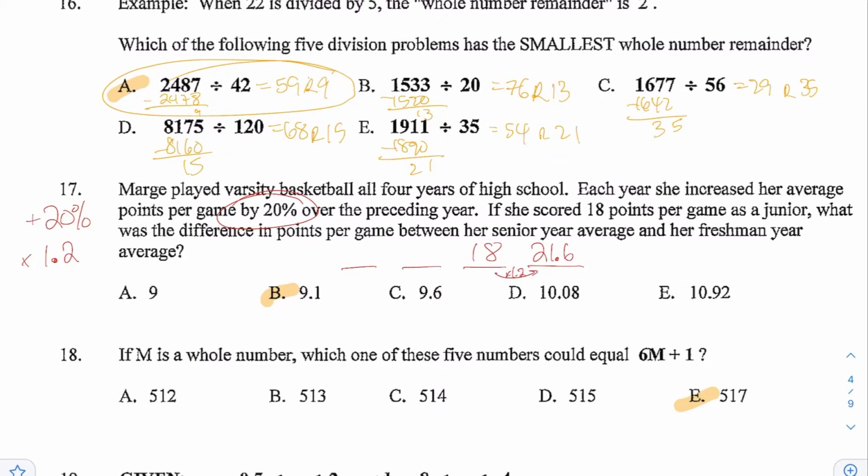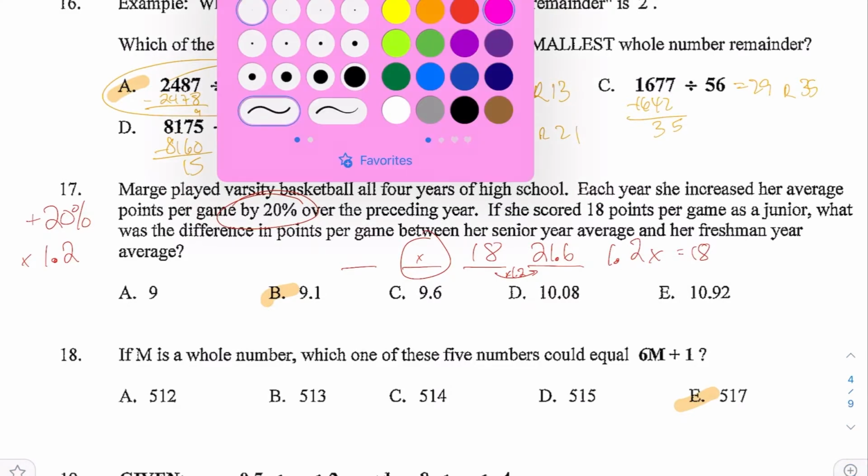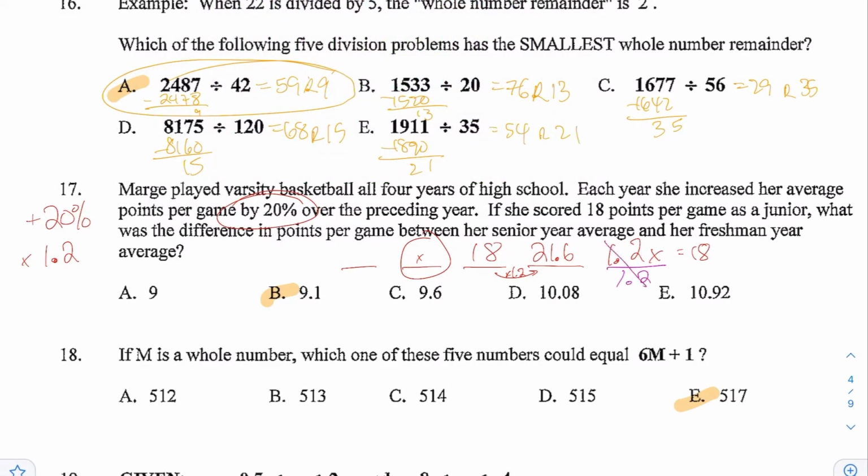And now, to go backwards, you'll have to divide by this number. So when you go backwards, for example, this could be x. X times 1.2 will give you 18. So to go backwards, you have to divide both sides by 1.2.